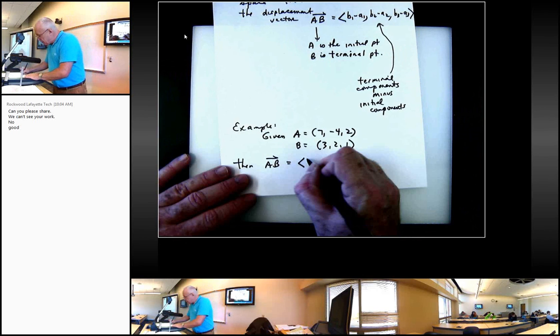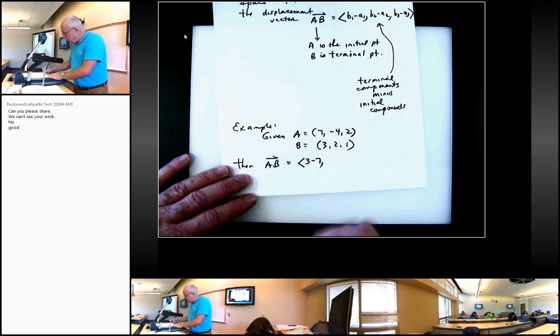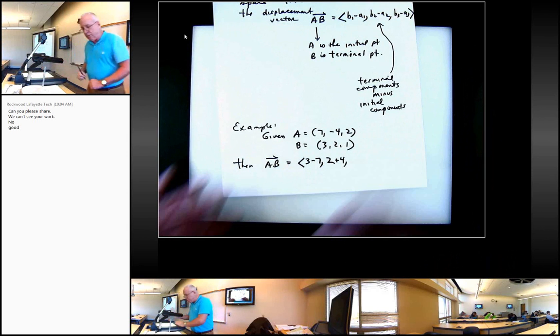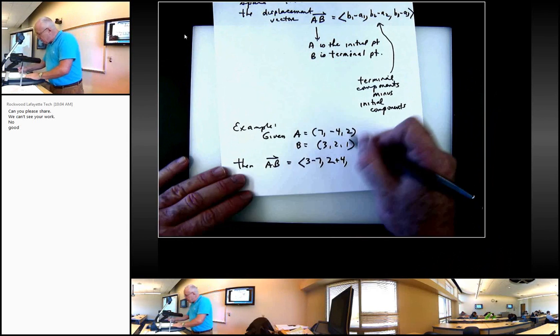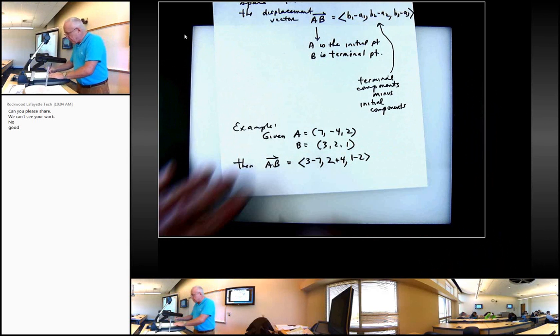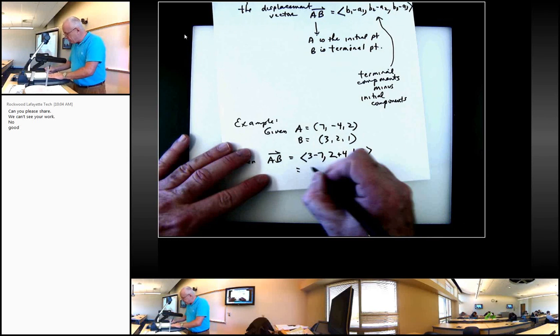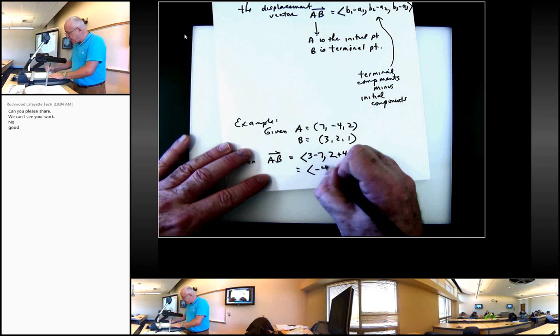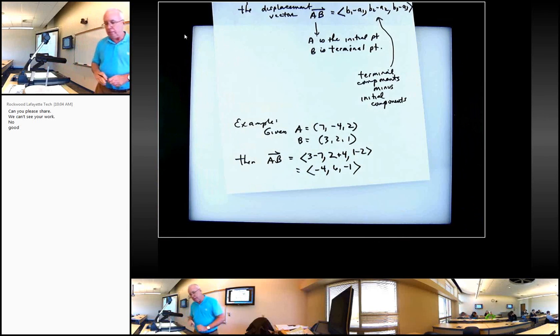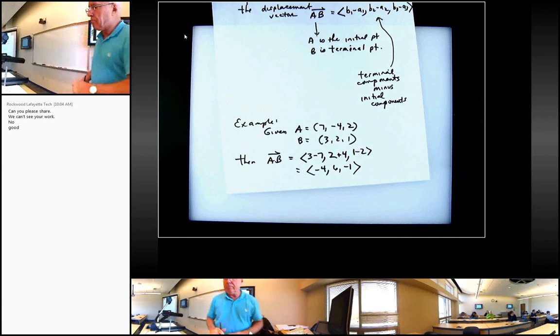That's <3 - 7, 2 - (-4), 1 - 2>, so 2 plus 4. So this displacement vector is: 3 minus 7 is negative 4, 2 and 4 is 6, 1 minus 2 is minus 1. Right. Okay.